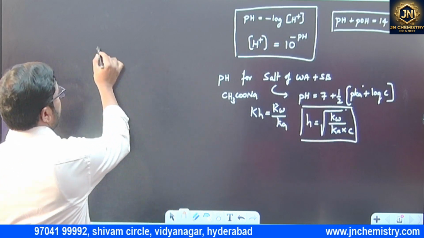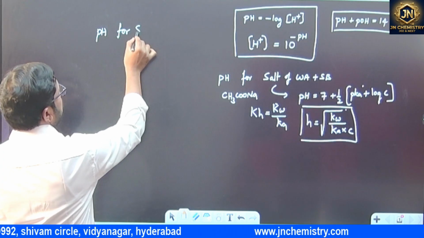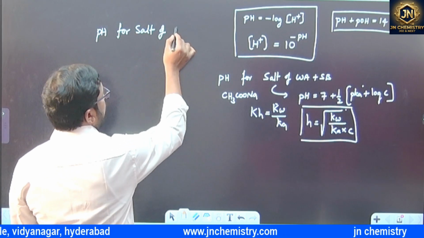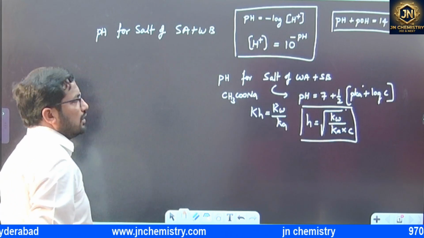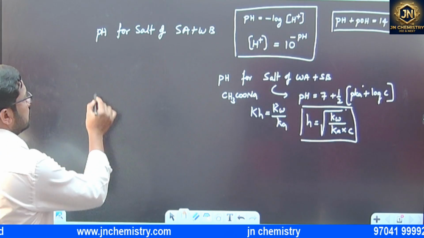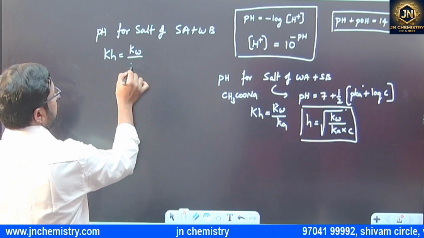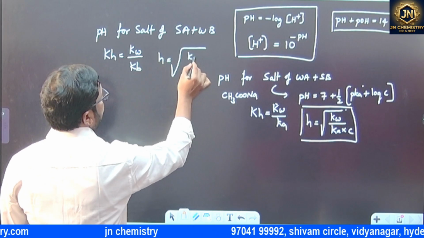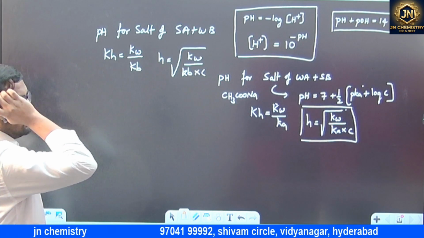So pH for salt of strong acid plus weak base. So Kh is equal to Kw by Kb. H is equal to under root Kw by Kb into C. Right?